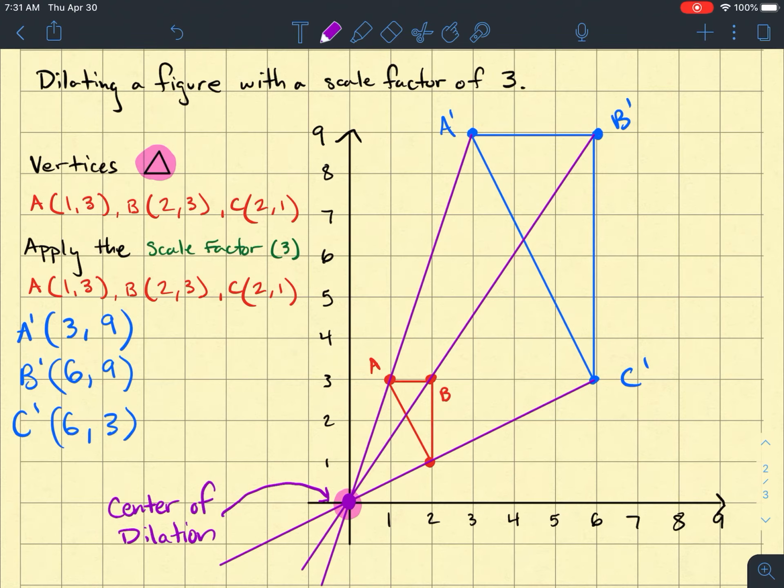So let's say you're asked to identify the center of dilation of a shape that has been dilated, and they give you the images of the original figure and the prime figure. All you have to do is connect precisely straight lines from the prime to the original figure, and wherever they intersect, that's going to be the center of dilation.